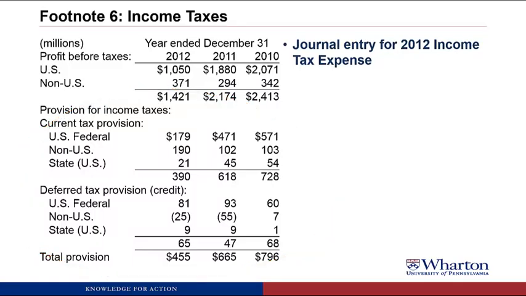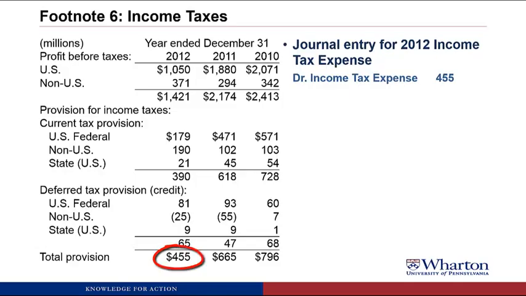So the current tax provision, that's going to be the income tax payable part, what we owe the government, US government, non-US governments, and states. That's $390. Then there's deferred tax provision. These are the deferred tax part of the journal entry. And at the bottom, we have total provision. That's the total income tax expense of $455.